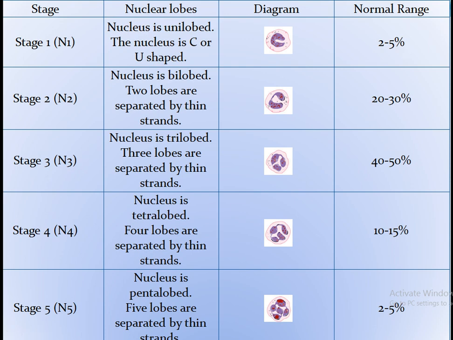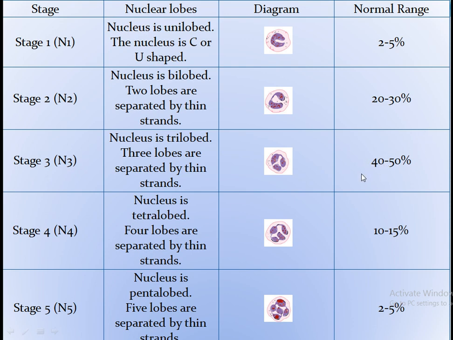If the normal range of these cells changes, this percentage shows that normally we have this type of neutrophil the most abundant.